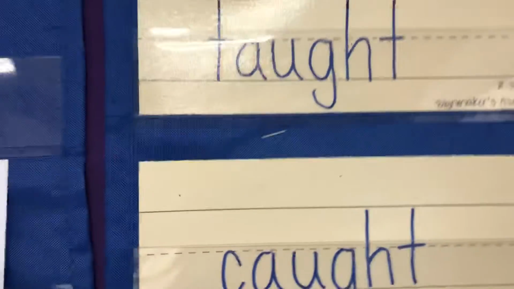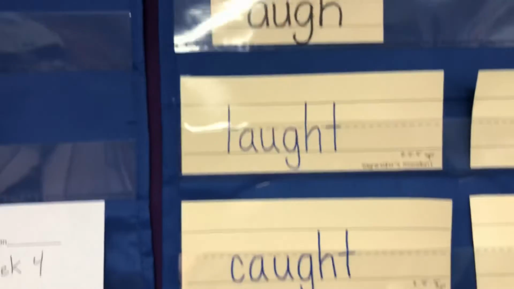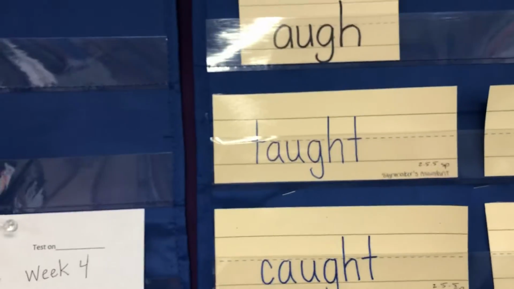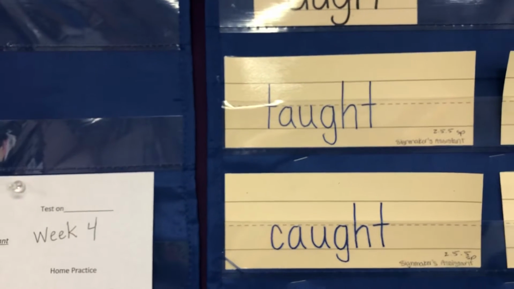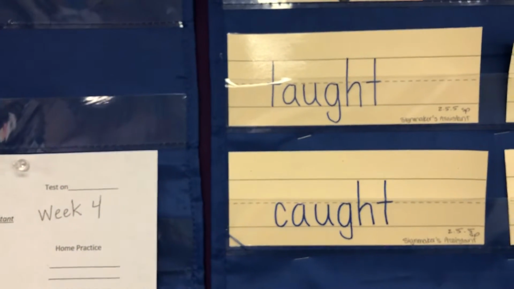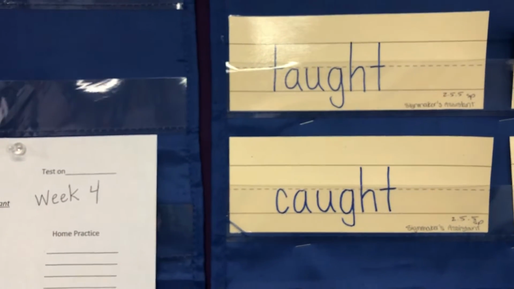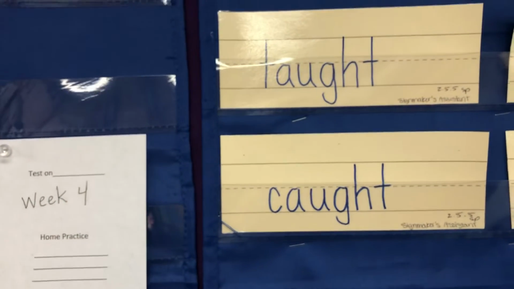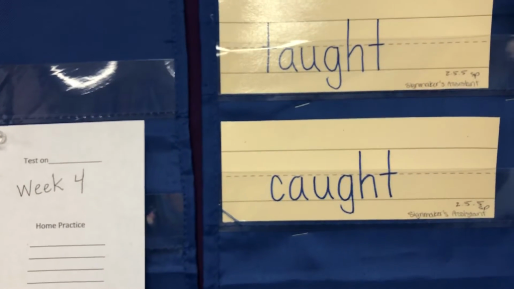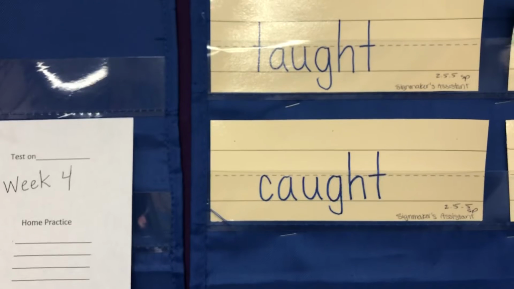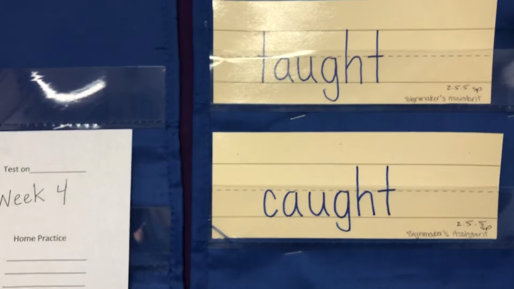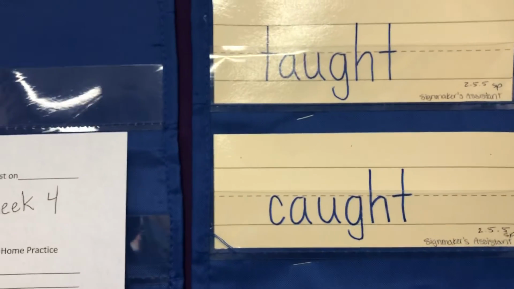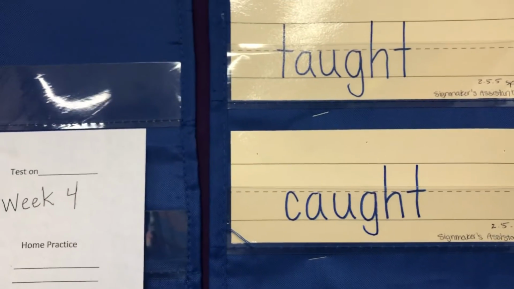Okay, so I have taken the words, and you know me, I want them in groups. So boys and girls, the first 2 spelling words in the AUGH pattern are taught and caught. So AUGHT. Taught, caught. And they rhyme, and the first letter is the only difference.